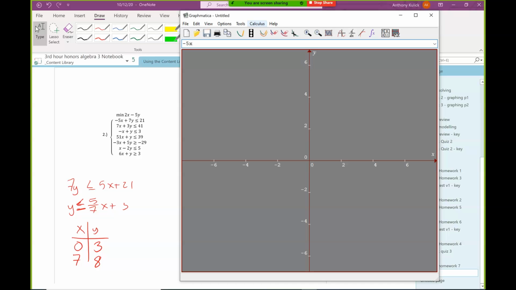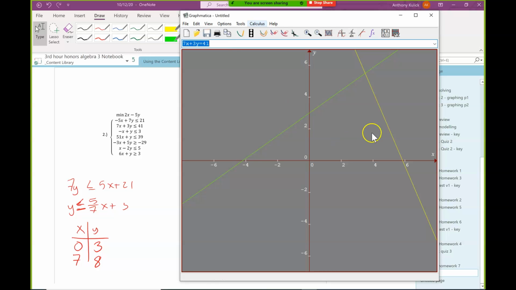So negative 5x plus 7y. And I'm going to do these as equations because if I do them as inequalities, it's going to do all the shading and then it's going to get too messy to really handle. I'll deal with the shading in our head at the end. I think it will probably be the easiest way to do this. If I put in all the shading now, it's going to get rather overwhelming.